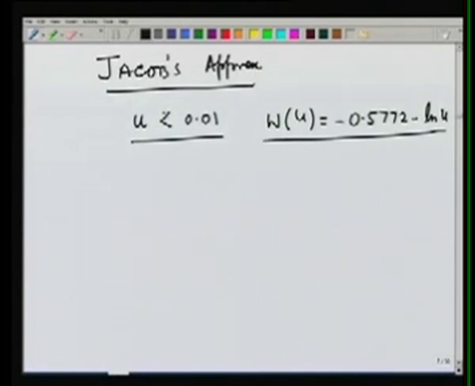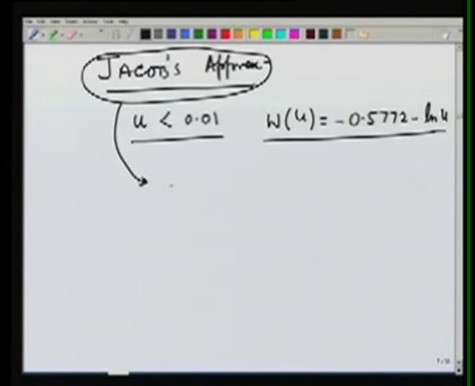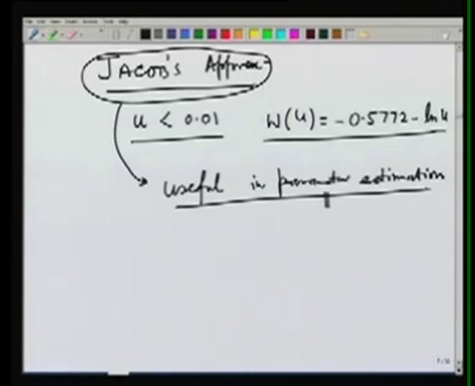And this approximation is very useful in estimating the parameters. Parameter estimation means estimating the values of storage coefficient S and transmissivity T. Since the transient method involves measurement for smaller times, it is preferred over the steady state method.